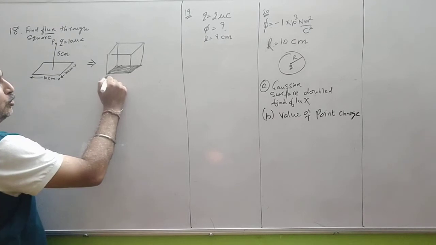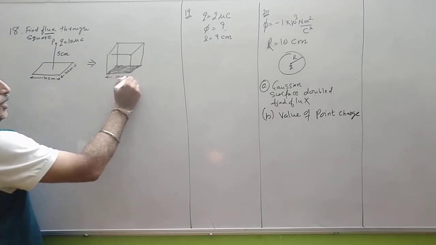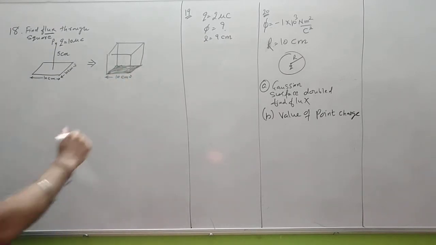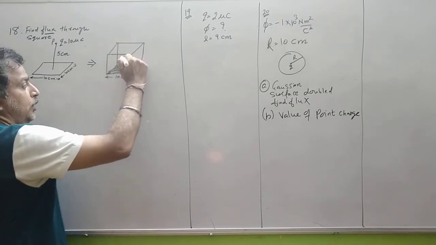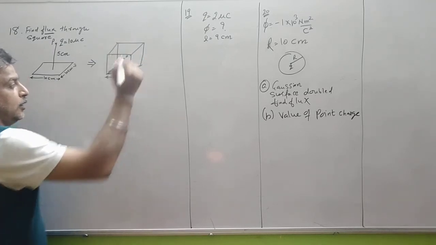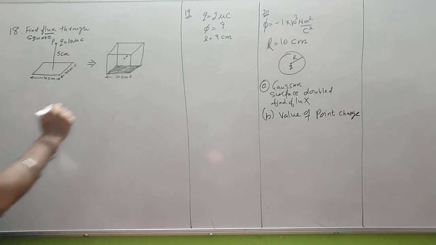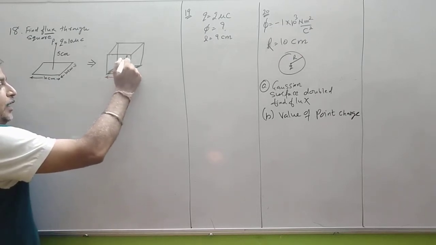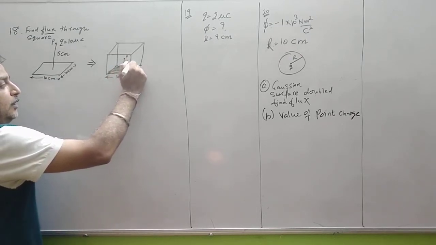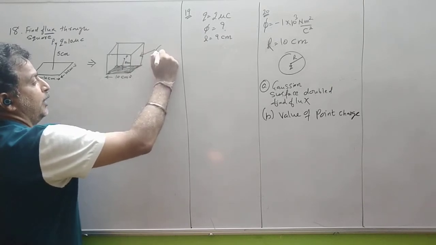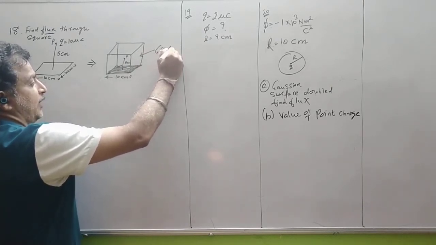The length of the square was 10 centimeter. Now this is the square. Now if I imagine a cube, this point P comes at its center and the distance of this point P is 5 centimeter. So now this cube becomes a Gaussian surface.